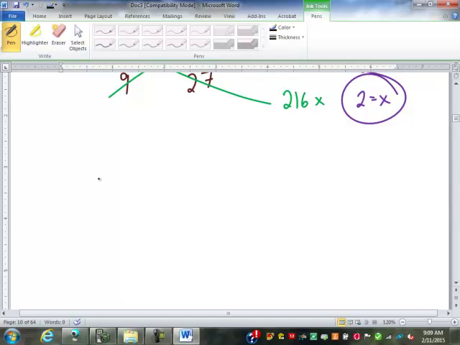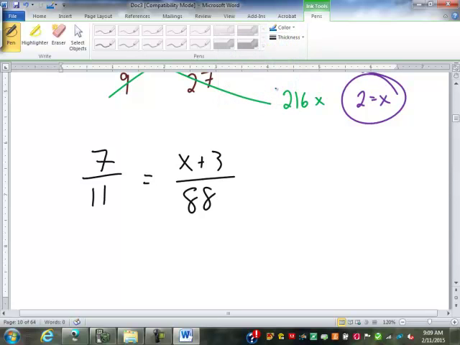Or we might have something like this. Same type of deal. We're going to cross multiply. 7 times 88 is what? 616, I believe.